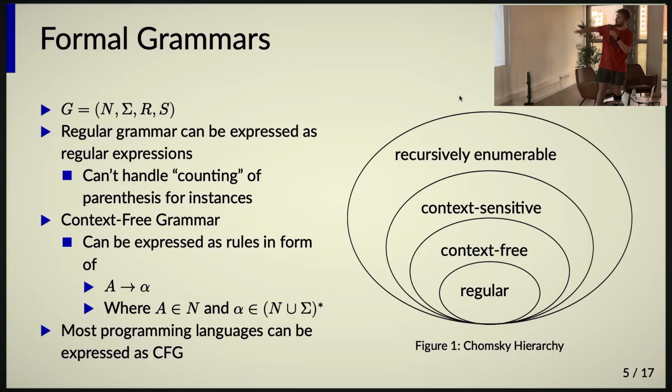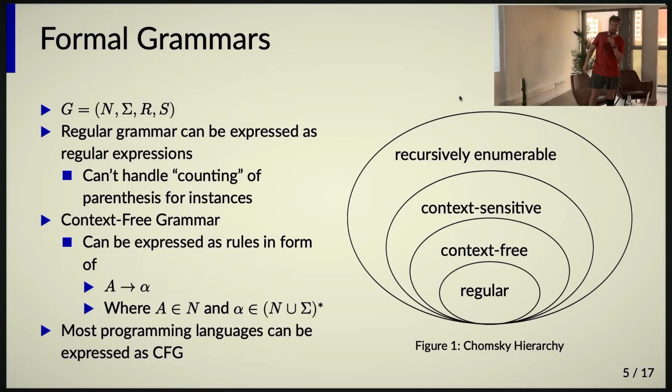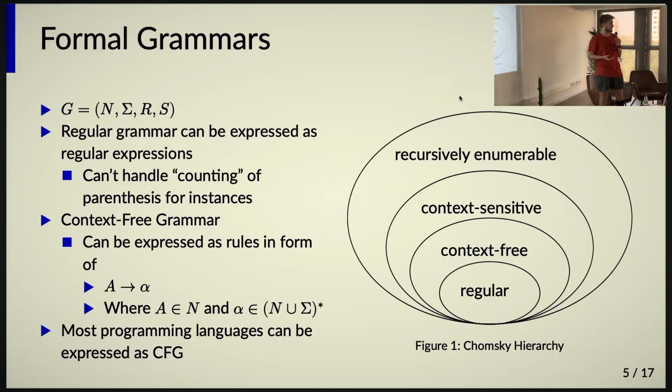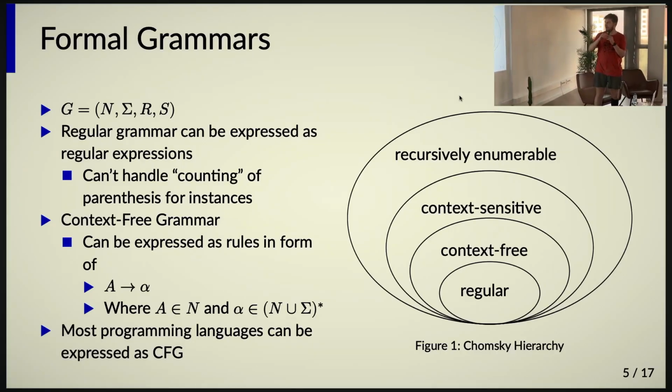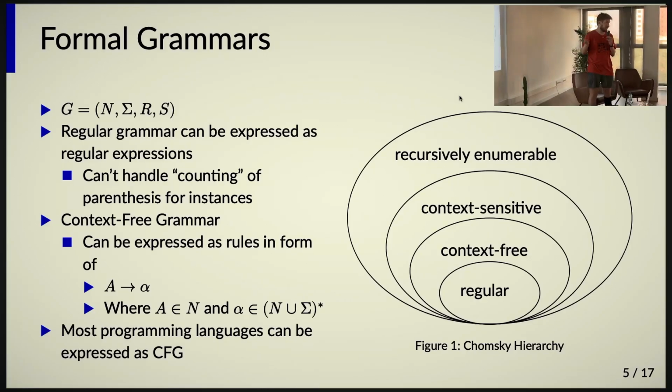And then here to the right, you have a picture I stole from Wikipedia. You have a hierarchy of how complex a language is. So in the bottom center, you have these regular languages. And regular expressions, excluding all this fancy capture group magic, are equivalent to this regular language or regular grammar.